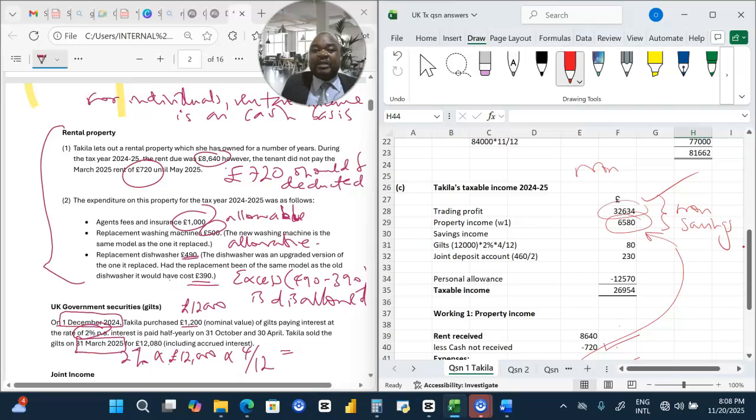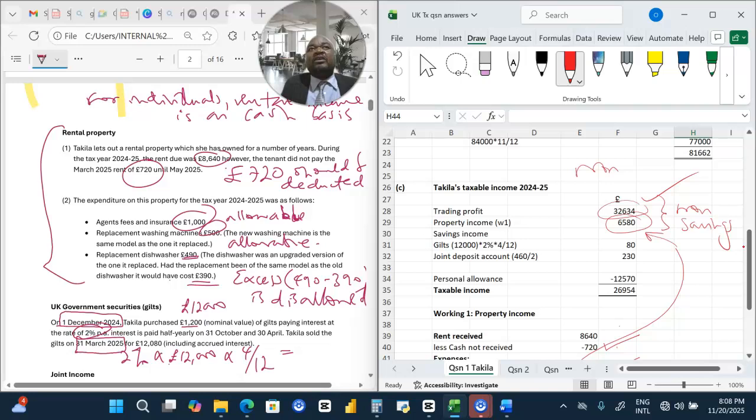You give the government 12,000 pounds. They give you some security, but you start to earn some interest. That interest is interest income. So we charge you when you decide to dispose of that.